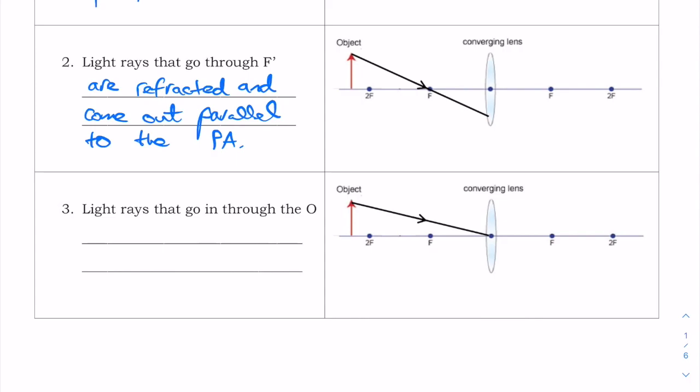We'll draw this in the picture below. So we have our incoming ray of light. This one passes through the secondary principal focus. It hits the lens, refracts, and comes out parallel to the principal axis.